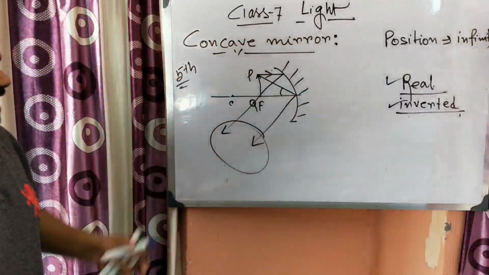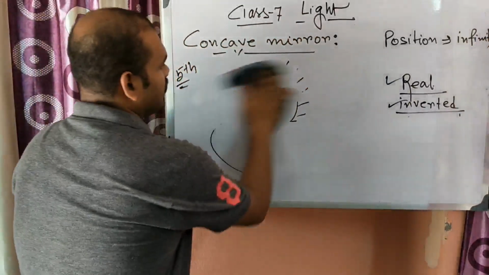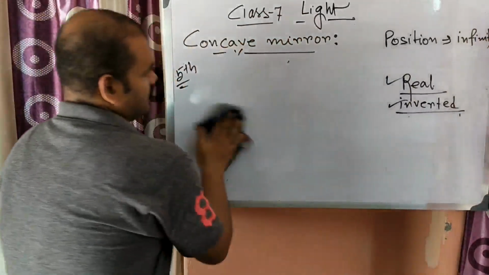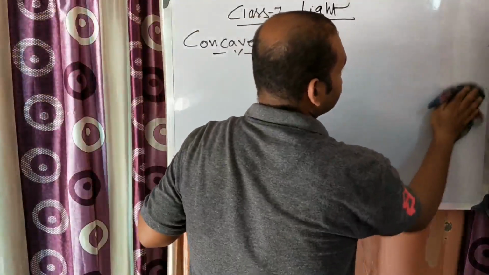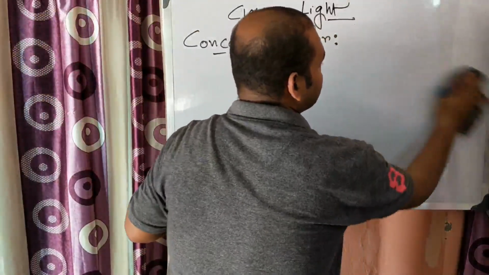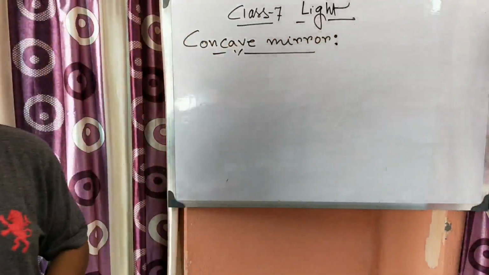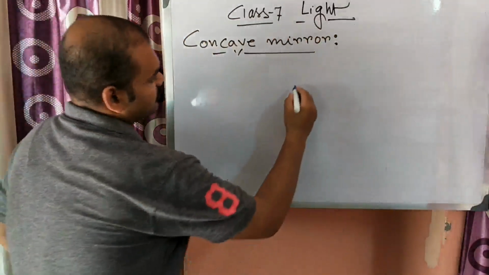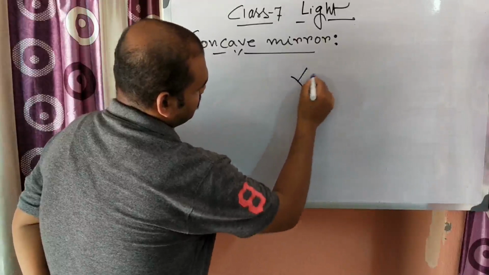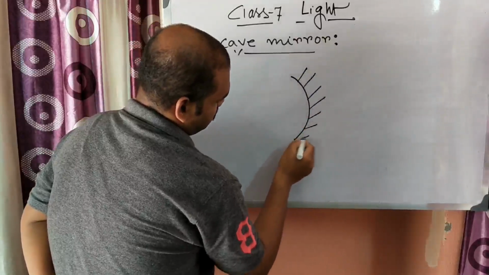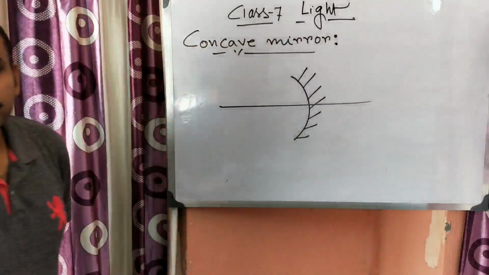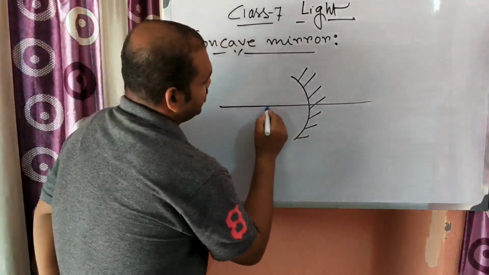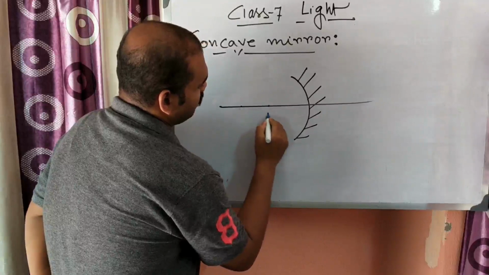Next, the last one is very important, because in this position there is a particular use of this concave mirror. The position is between C and F, that is, within the focus.